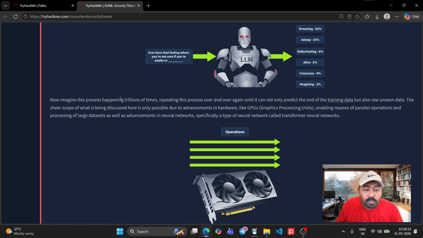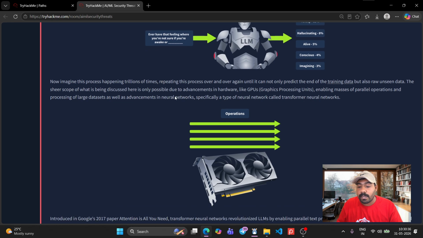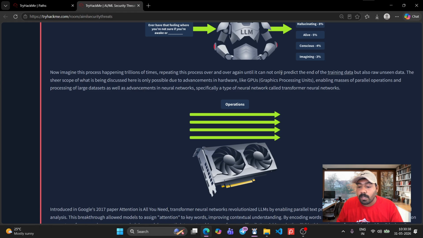Now imagine this process happening trillions of times, repeating over and over again until it can predict not only the end of the training data, but also raw unseen data.